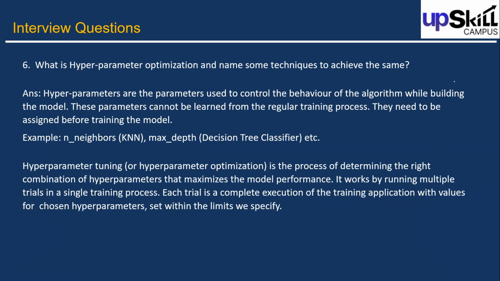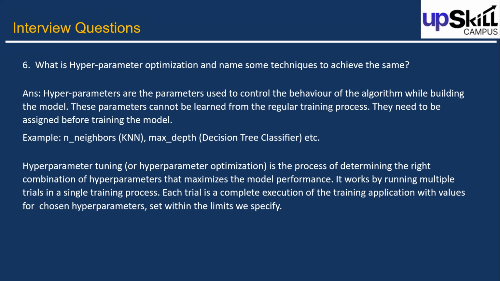Hyperparameter tuning is a process by which we determine the optimized combination of hyperparameters by which the model performs best. It always runs by training multiple times, on different hyperparameters. Each trial is a complete execution of the training application, which basically means a complete training of the model, for the chosen hyperparameters.